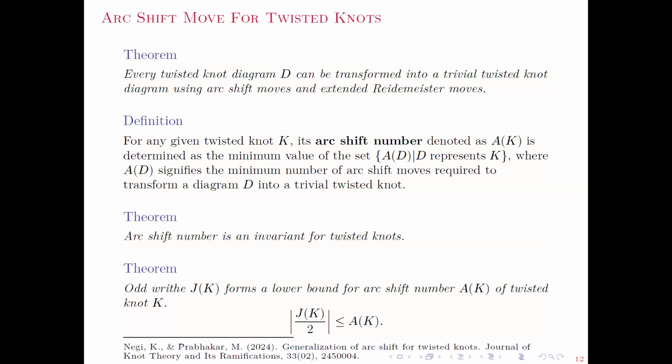And since arc shift move is now an unknotting operation, you can define the arc shift number: the minimum number of arc shift moves needed to transform a diagram to a trivial diagram, over all the diagrams of any knot, like how we define any numerical invariant.